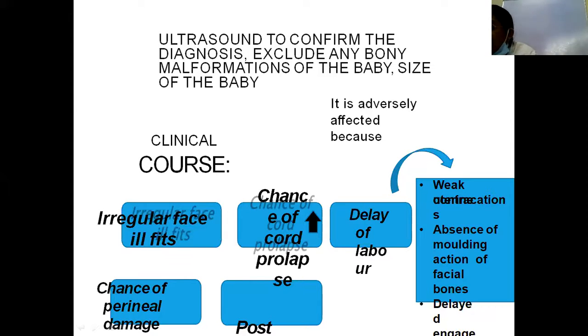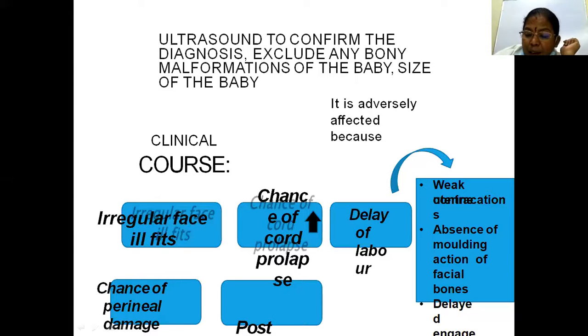It does not stretch the cervix properly, so there is a delay in labor. During the mechanism of labor, I will tell you why there is a delay in labor. Then the bigger diameters extend through the perineum, so there are increased chances of perineal damage.